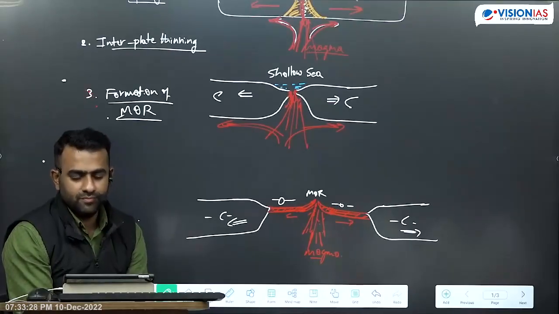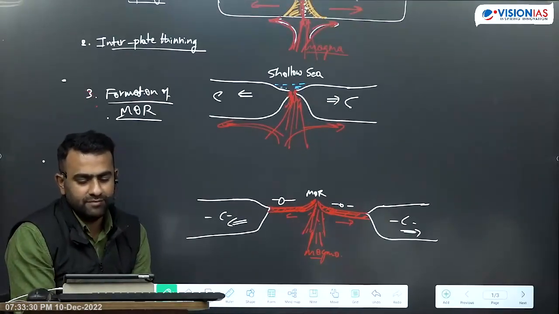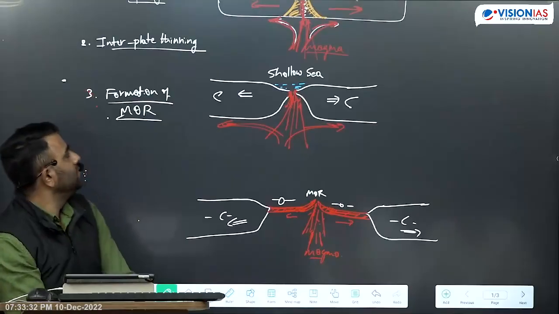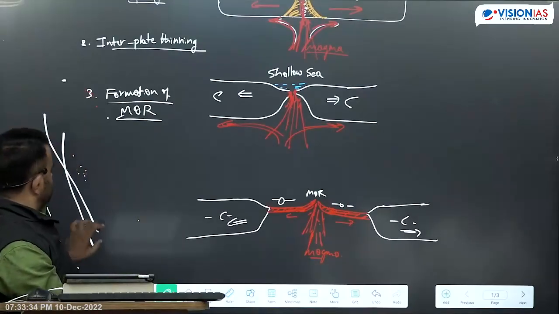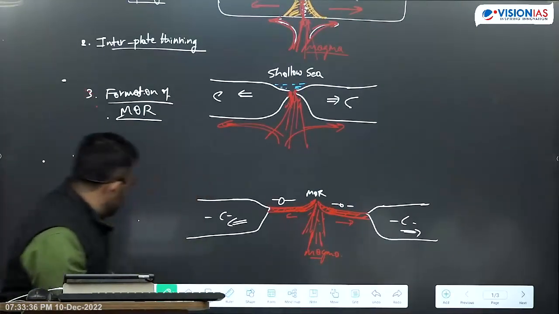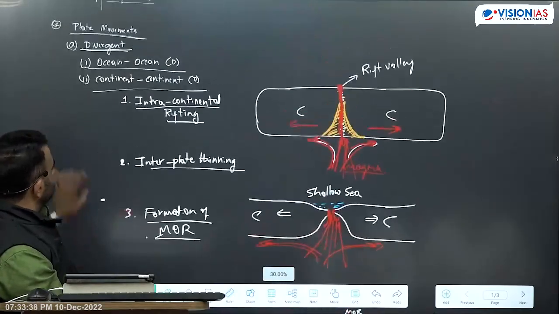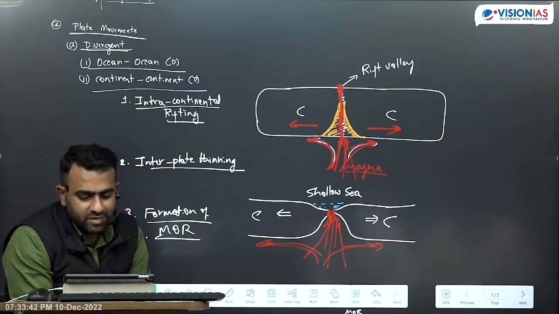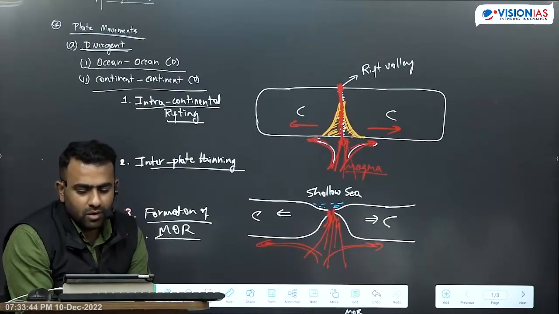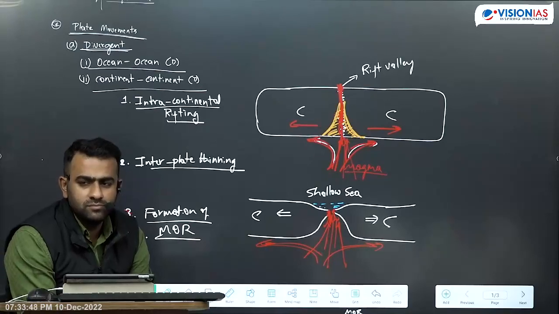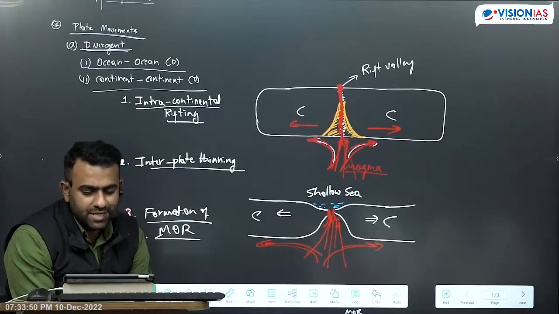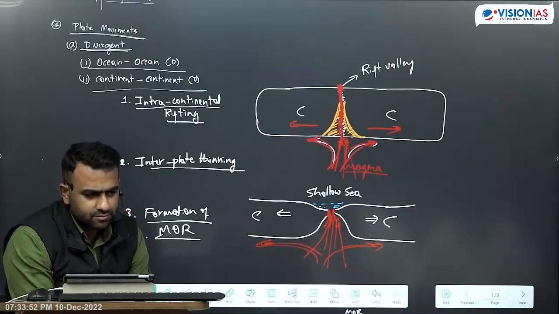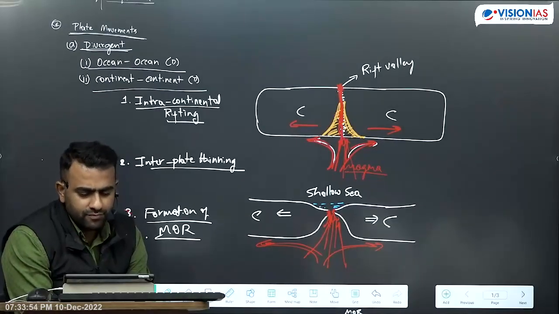Heading is continent-continent divergence. Formation of divergent plate boundary along continents involves three stages.